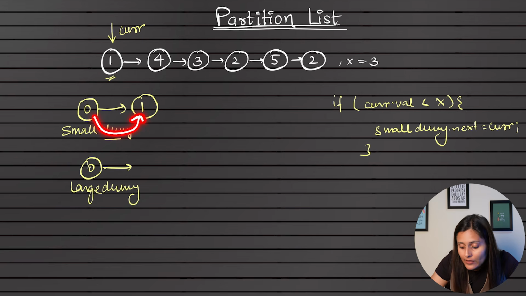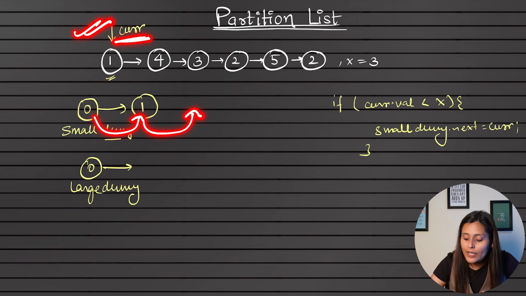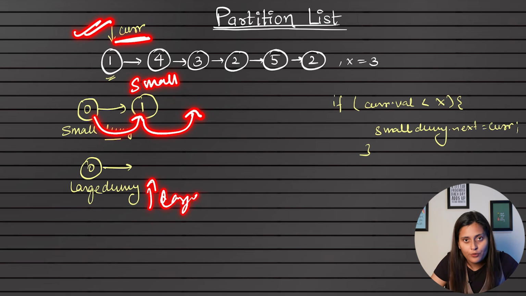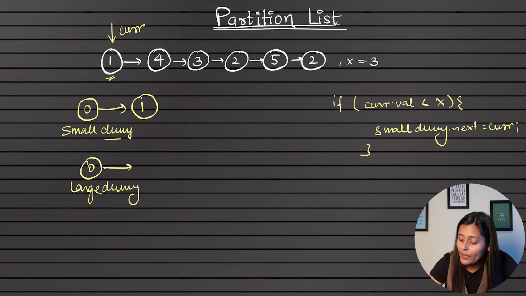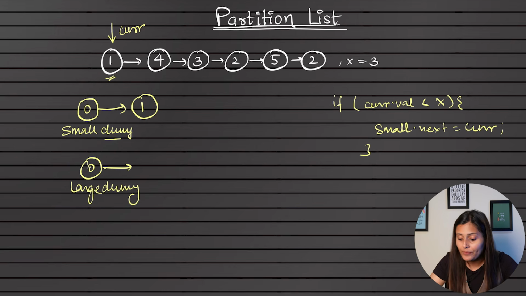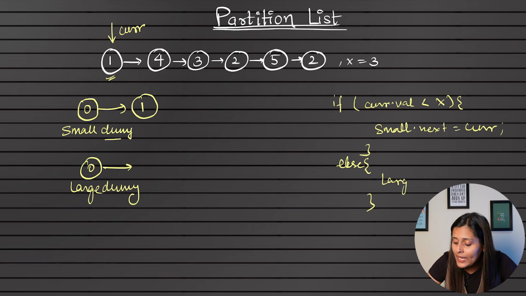Now to iterate in this, like here we have created a current node, here also we will create a small node and let's say large node, okay, because that is going to move. Okay, very good. So can I say, instead of small dummy dot next, we will write small dot next current will be connected. Done. Now in the else case, what will happen? Else means the value is greater than equal to x, means in that case we will say, hey large dot next, please connect current.